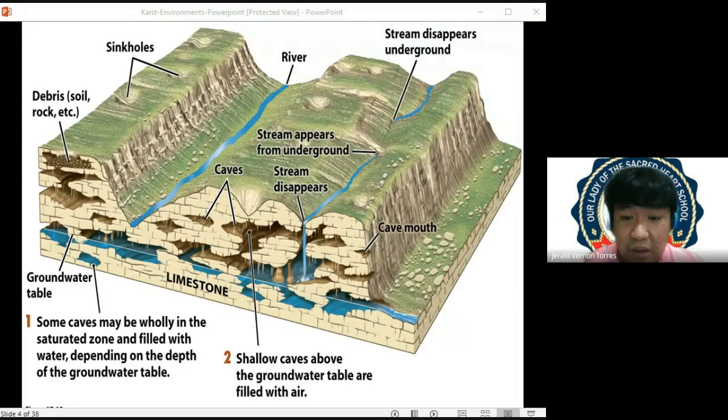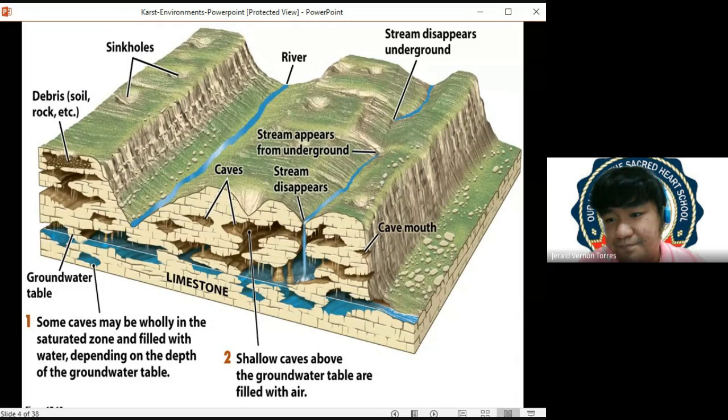And once na bumaba yung groundwater natin, kasi bumababa yung water table or groundwater natin, lalo na kung it is extracted, artificially extracted through artesian wells, there is a possibility that caves would form, or yung mga karst environment natin would form up along your parent rock.